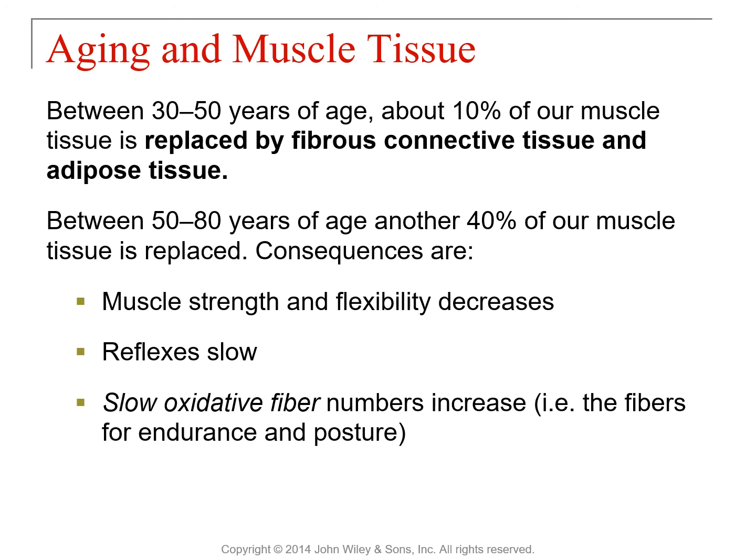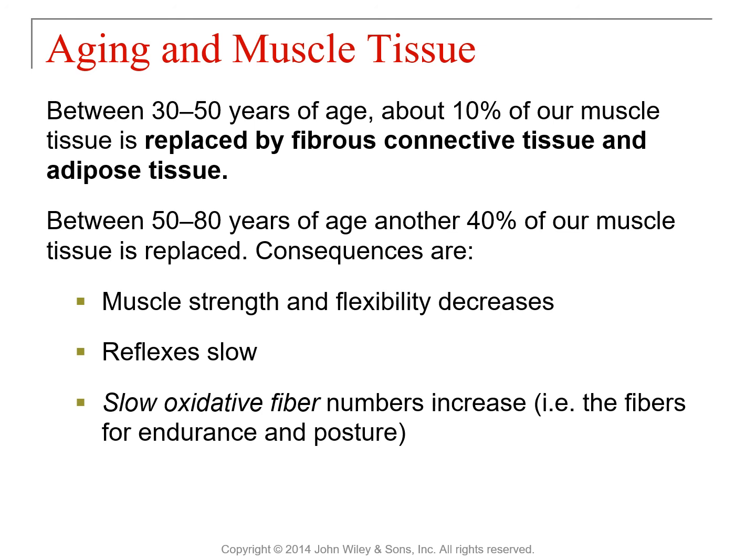What are the consequences of this? Muscle strength and flexibility decrease as we age. The reflexes, the muscle responses to certain stimuli, also become slower, and you can think of all the implications of this. Decreased flexibility and strength can lead to increased risk of injury.